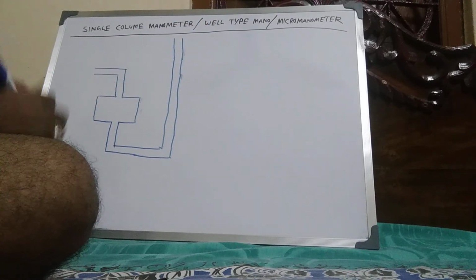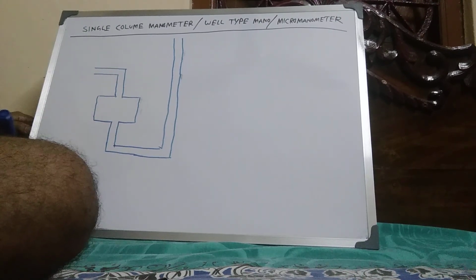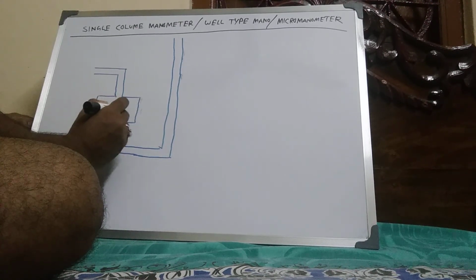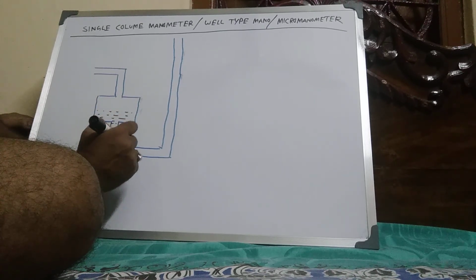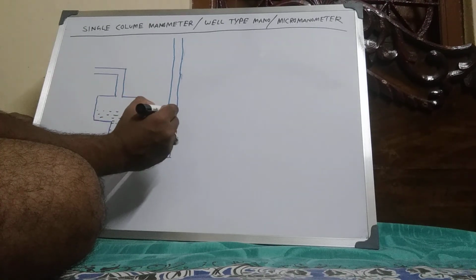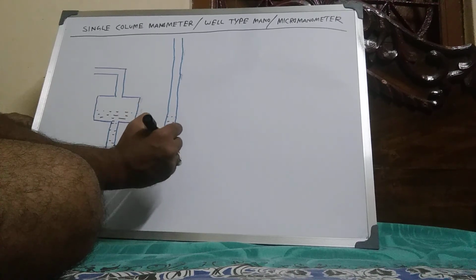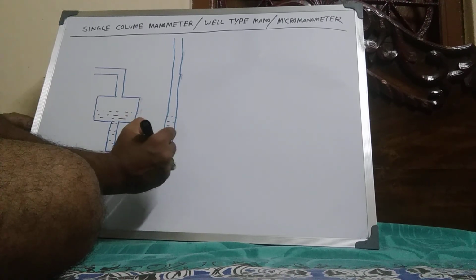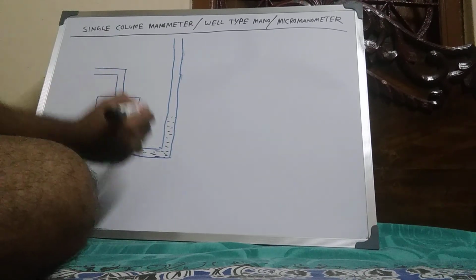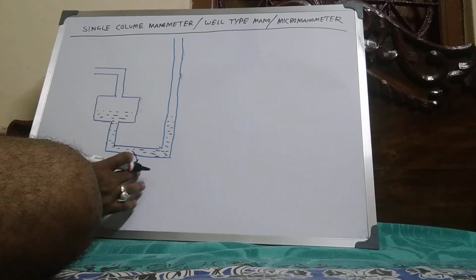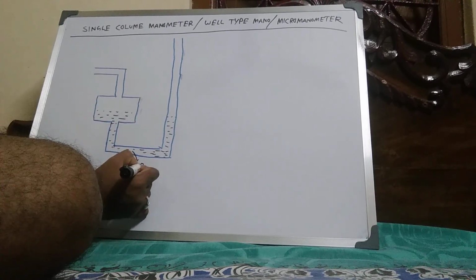Suppose this one is a single tube manometer, and here suppose this is the manometric fluid, rho m, manometric fluid rho 2.